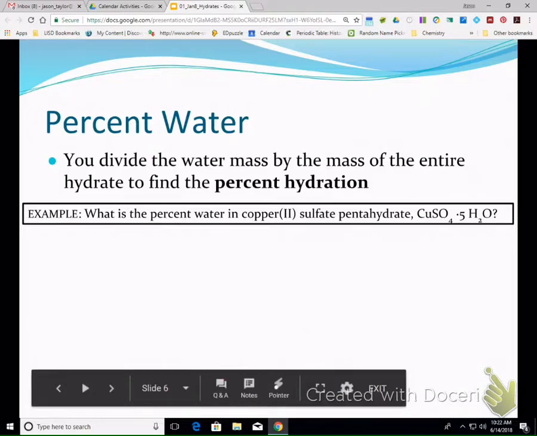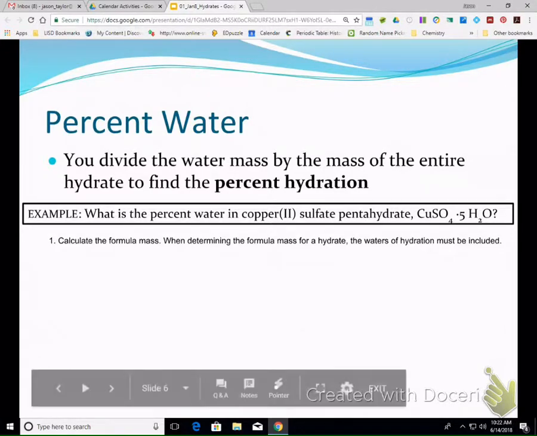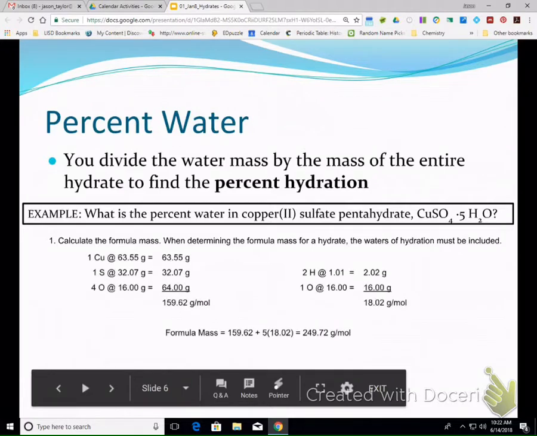So what we're going to do is find the molar mass of the entire thing. Okay, the formula mass, molar mass, whichever. This is ionic, so that's why we call it formula mass. So here is the mass calculations for all that. We have 1 copper, so here's the mass of 1 copper, 1 sulfur, and then the 4 oxygens. So the mass of the anhydrate part is 159.62.